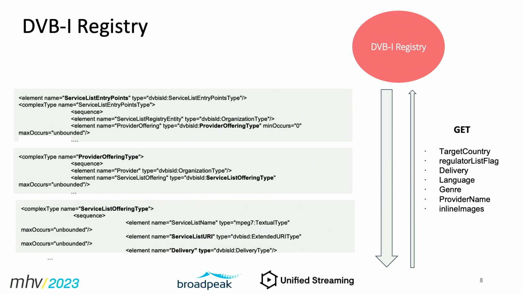A list of services, right? You can query the DVB-I registry by giving some parameters, like, for example, for a particular language, you would like to access a certain list of services for a particular country, and so on.